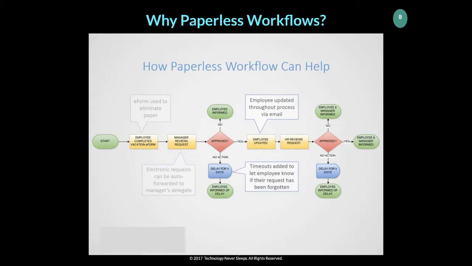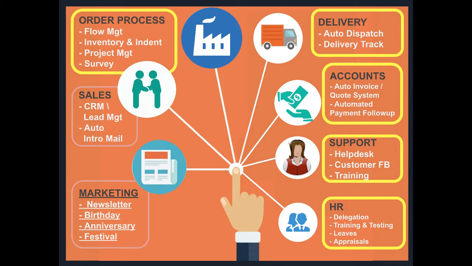And I will not go into too much detail, but as you know, manual processes are much more difficult to run and they are prone to failures at multiple steps. Almost all the processes in the company can be automated, from marketing to sales to order processing to deliveries, accounts, supports, and HR.